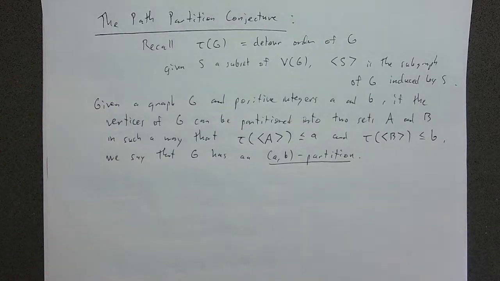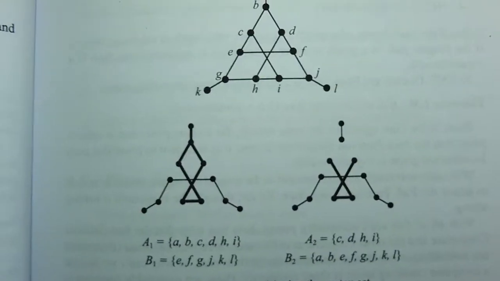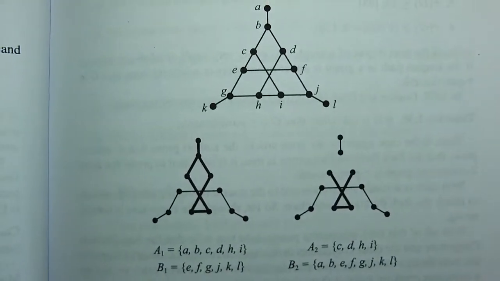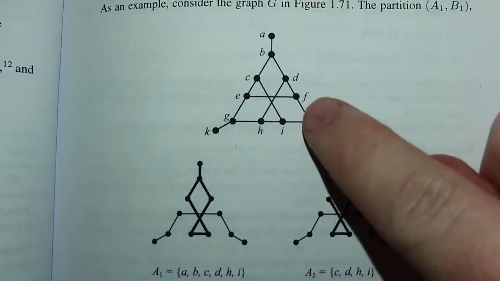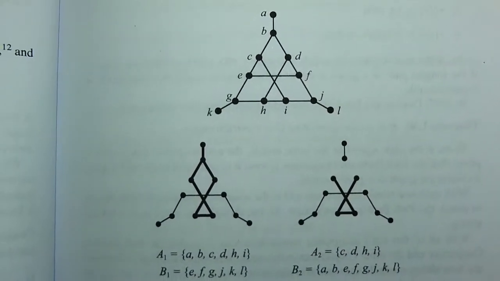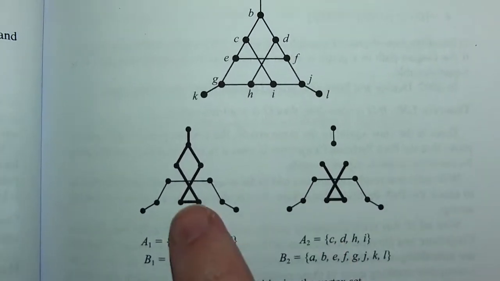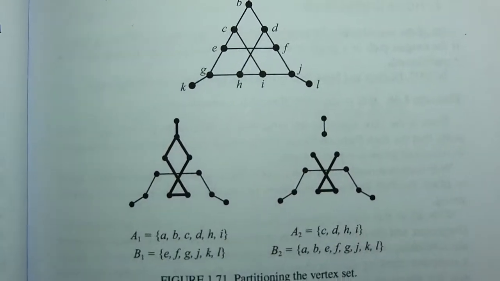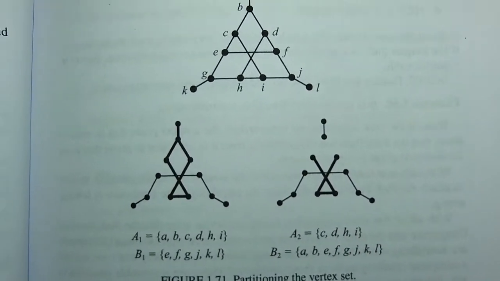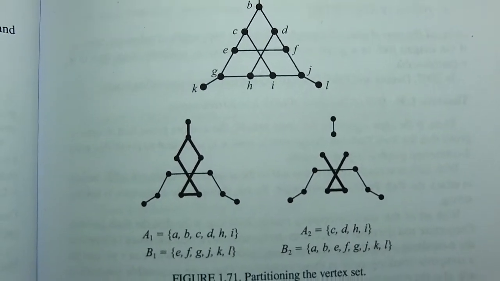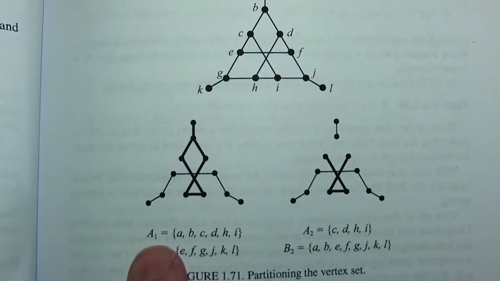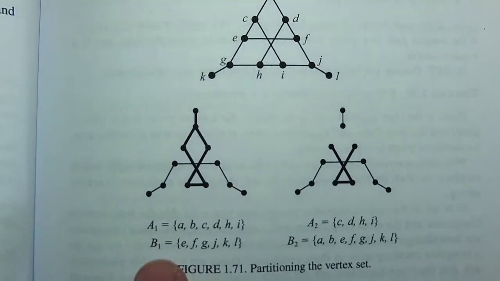Here's the best way of doing this, looking at the following example. Okay, so here's the graph G. In these examples down here, I've given two potential partitions. Here I have a subset of vertices A1 and a subset of vertices B1.